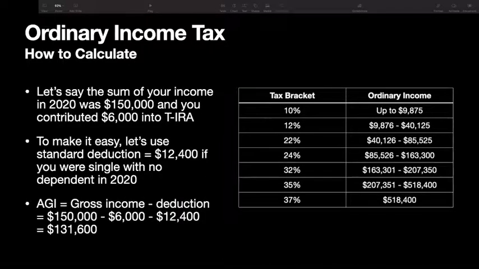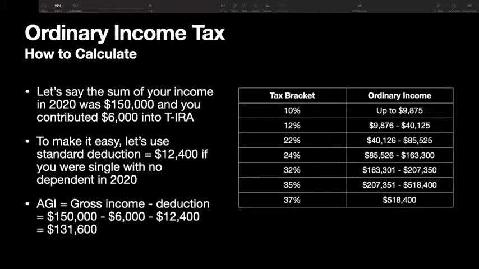So one hypothetical situation: you made $150,000 last year and you contributed $6,000 into a traditional IRA, and you can use whatever deduction you want as long as it's recognized by the IRS. But to make it simple, let's use the standard deduction.